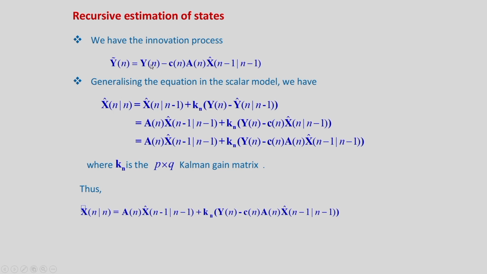We can use the innovation to get the recursive estimation of states. We have y tilde n equal to y n minus C n into A n into x hat n minus 1 given n minus 1. Now, generalizing the scalar model, in the scalar model we had x hat n given n equal to a times x hat n minus 1 given n minus 1 plus k n times the innovation.